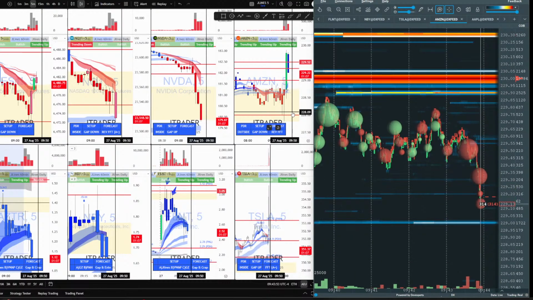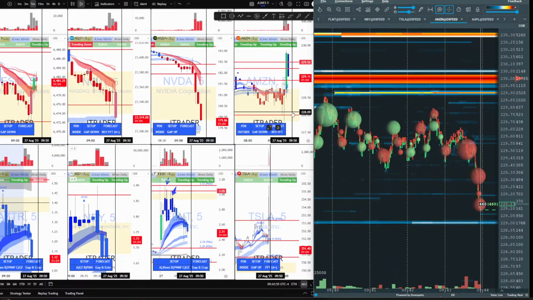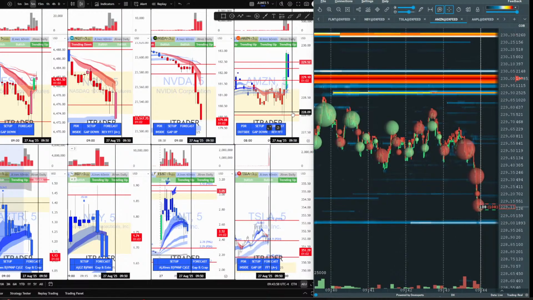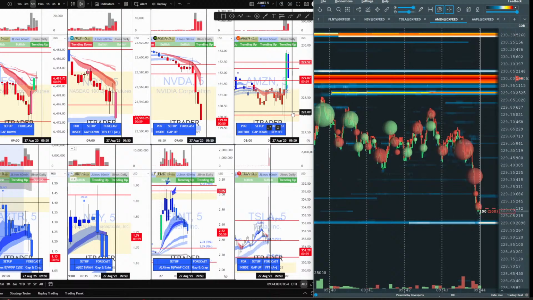It's hard for the market to push, in this case, Amazon and others, because NQ is fading.